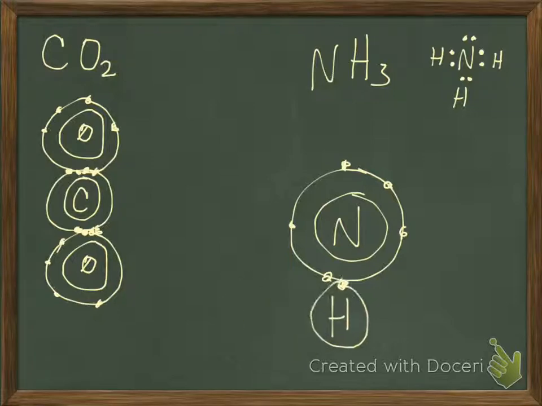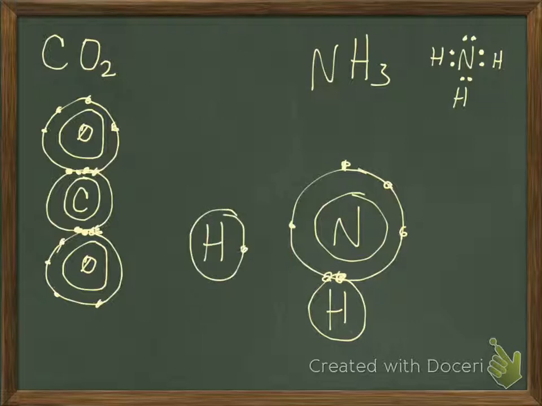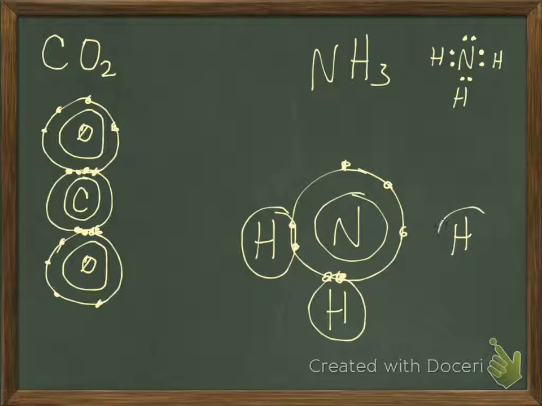And so hydrogen will come on over and share that 1 in exchange for sharing one of nitrogen's, to feel like it's got 2, to feel like it's a noble gas. Okay. So they're actually physically overlapping.